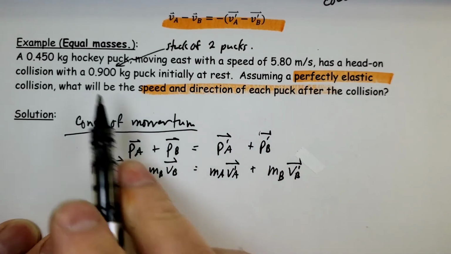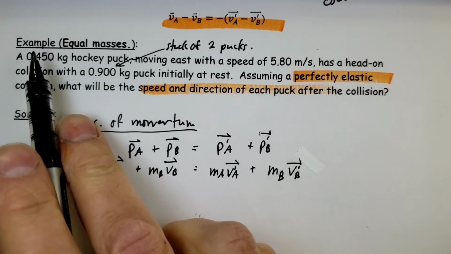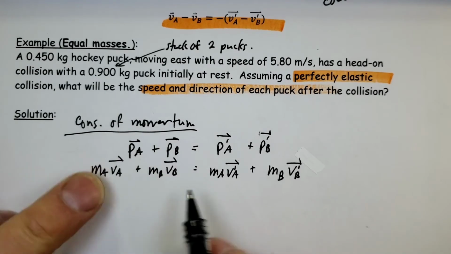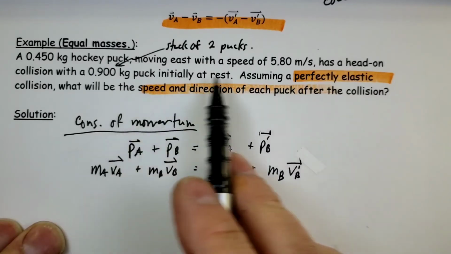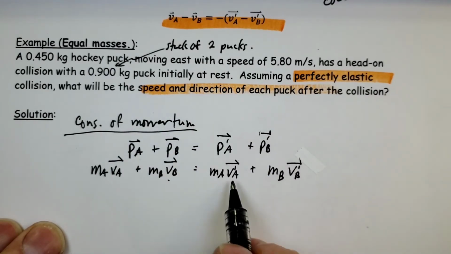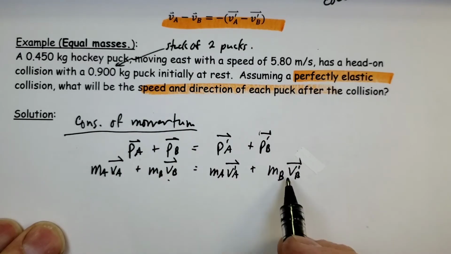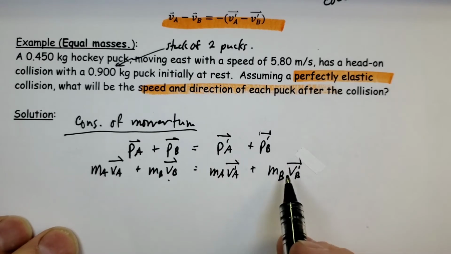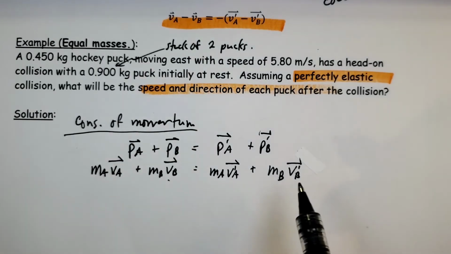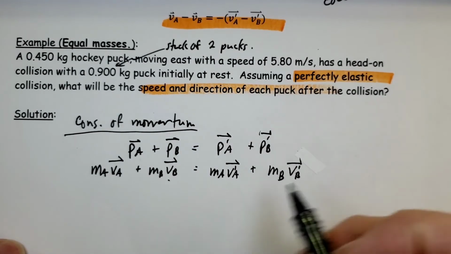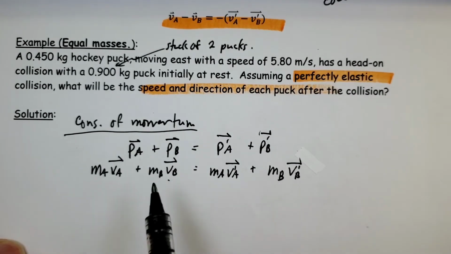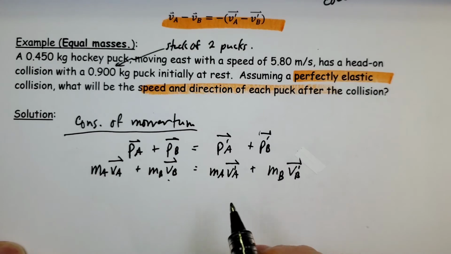What I'm told here, I know the mass of both objects, object A versus object B, so I know that and I know that. I know that A is moving at 5.8 and this one's at rest. And I don't know either VA prime or VB prime. Because when I did this before, a few videos ago, we knew one of these velocities and we could figure out the other. But this is a scenario in which I know the initial parts, and due to the difficulty of calculating the forces involved, it's difficult to figure out what those are after.